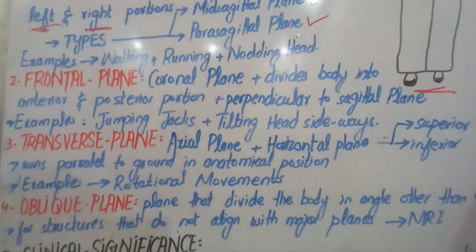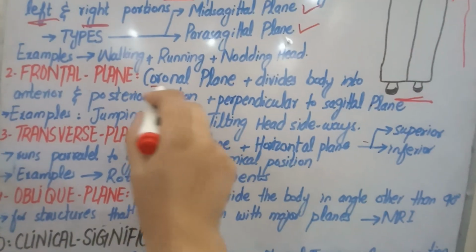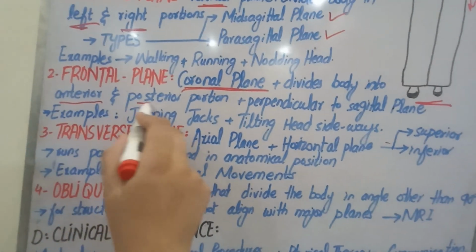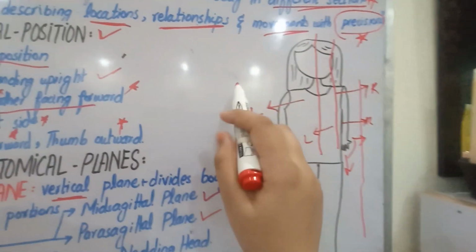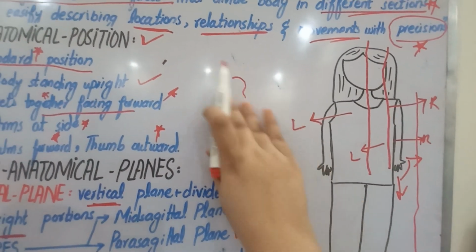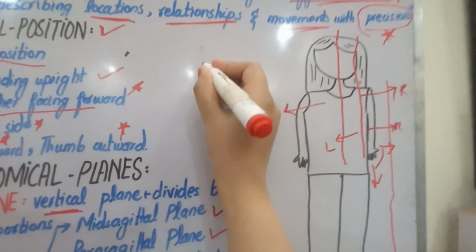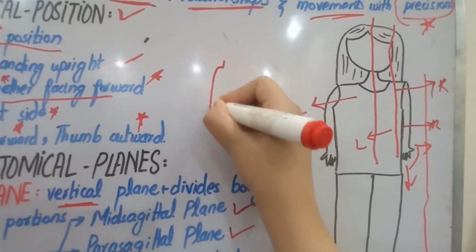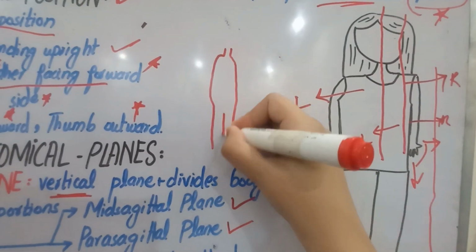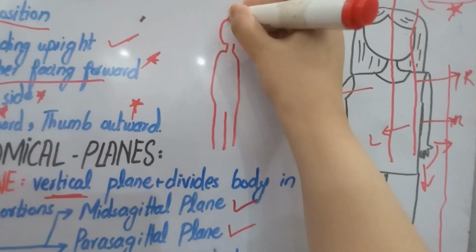Talking about the next plane, that is the frontal plane, also called the coronal plane. It divides the body into anterior and posterior portions. We need another diagram for this. Let me draw the human body. So this is the human body, these are the legs.